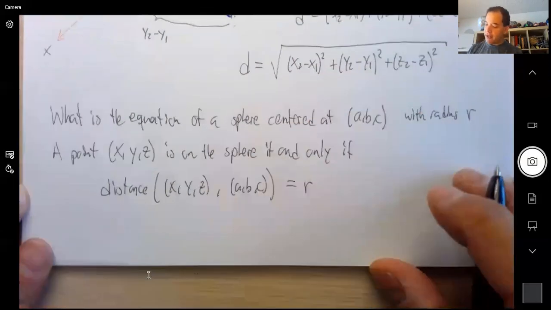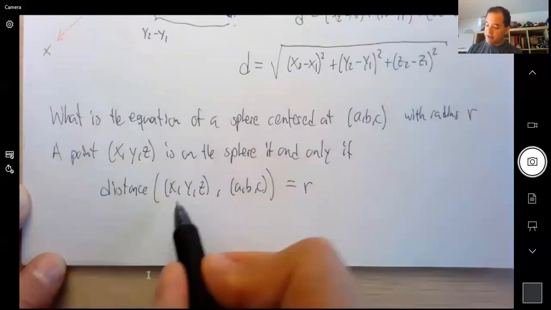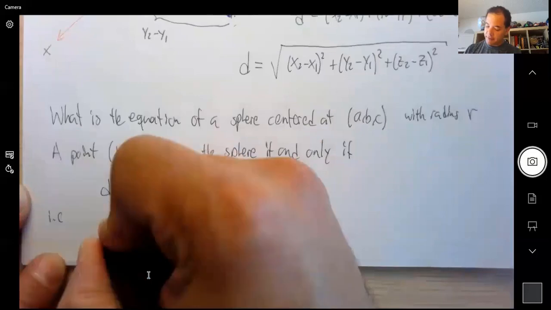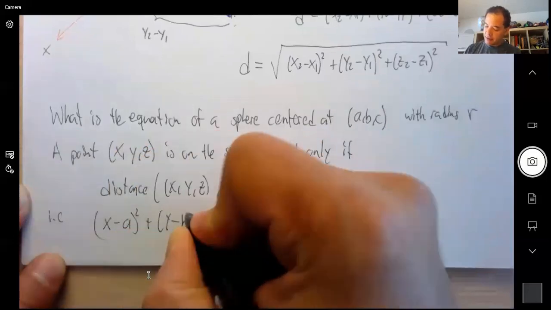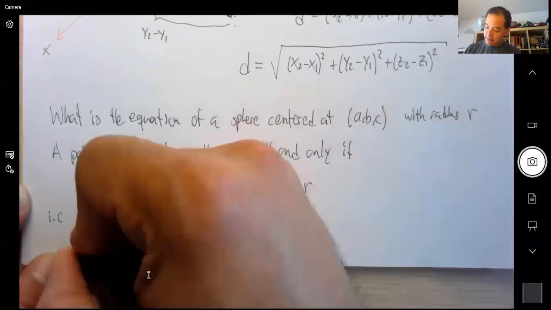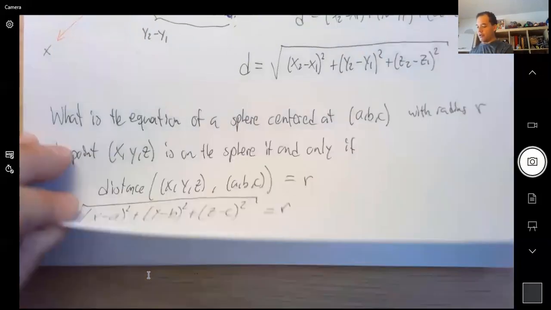And we already figured out how to get the distance. How do we get the distance? Well, we do this minus that. So (x - a) squared plus (y - b) squared plus (z - c) squared, square root of that equals r. So that tells you what is the equation of a sphere.